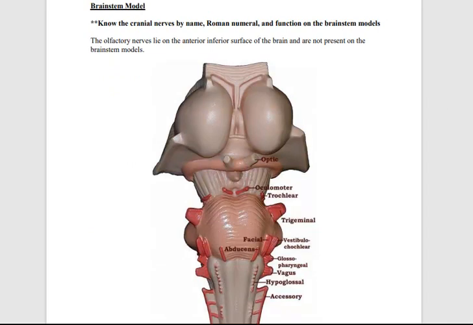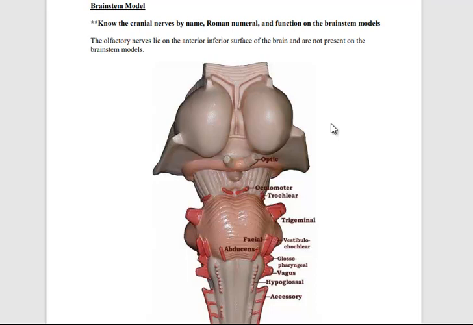So we talked about the 12 cranial nerves in a table, and here we're actually going to put this together. So there's your optic nerve. Again, that one's pretty easy to figure out, and it points out that the olfactory nerve, which is nerve number 1, isn't visible on this particular model because it is in the anterior inferior surface of the brain, and so it's not present on the brainstem model.